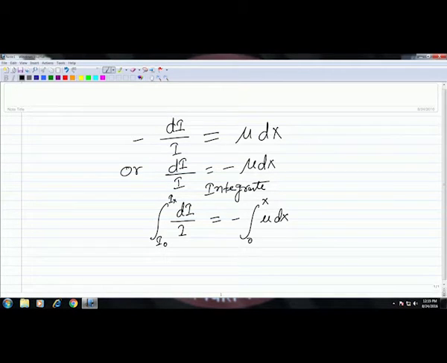From this you get on the left hand side ln I x by I naught, and if you integrate the right hand side you get minus mu x.